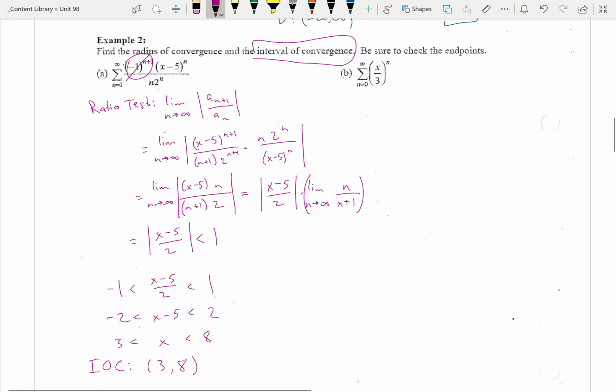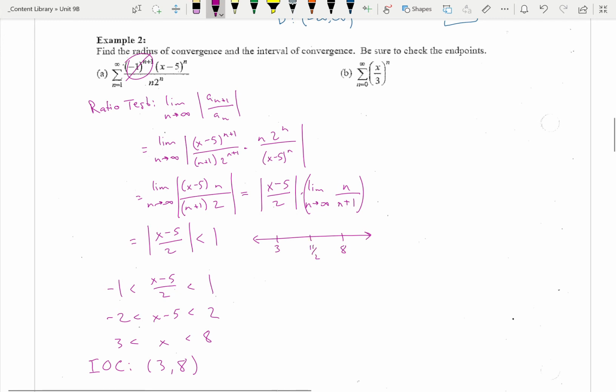Now we don't know what happens at 3 and at 8. Those are the endpoints. We have to now check the endpoints to determine what happens there. But we definitely know that the radius of convergence is, well, what is the radius of convergence? We might want to look at a number line here, and we can see that 3 and 8 are endpoints, and exactly in the middle is 11 halves.